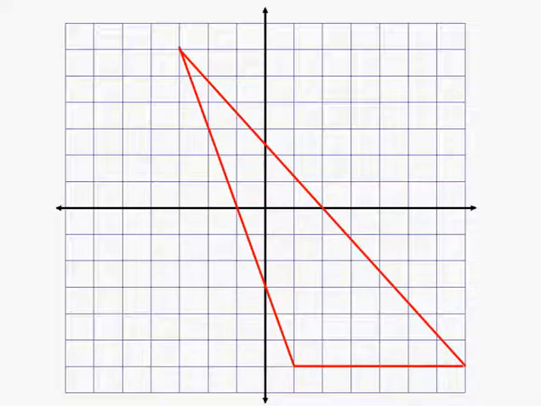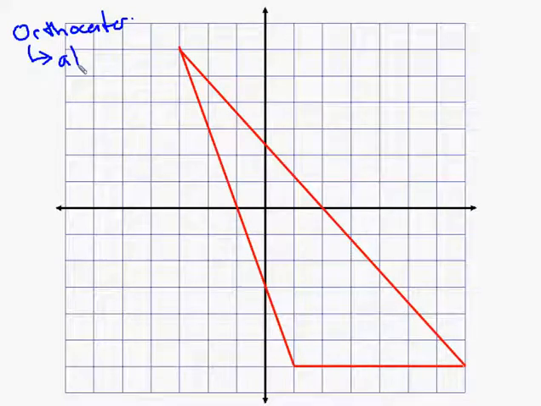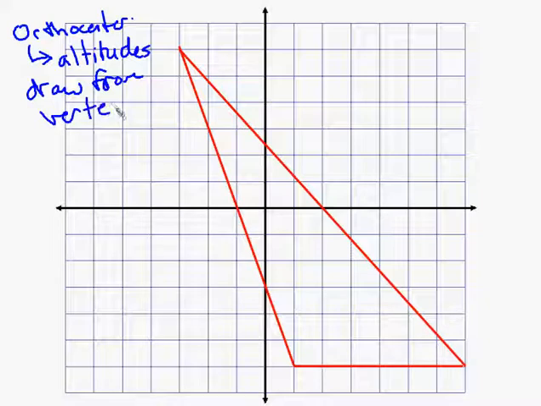We'll back up to this previous triangle. So orthocenter, very closely related as far as how we find it. In order to find the orthocenter, we're going to use the altitudes. Well, what are those? Altitudes are drawn from a vertex perpendicular to the opposite side.